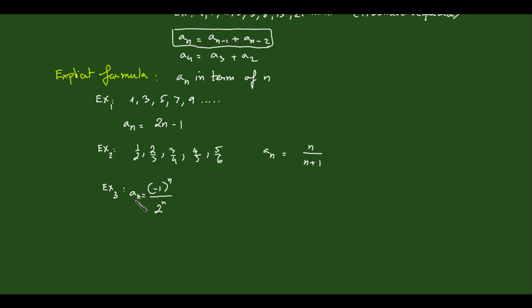So you see that a sub n over here is in terms of n only. This sequence is a fraction, and it's alternating. The sign of each term alternates between positive and negative. It depends on whether n is even or odd.